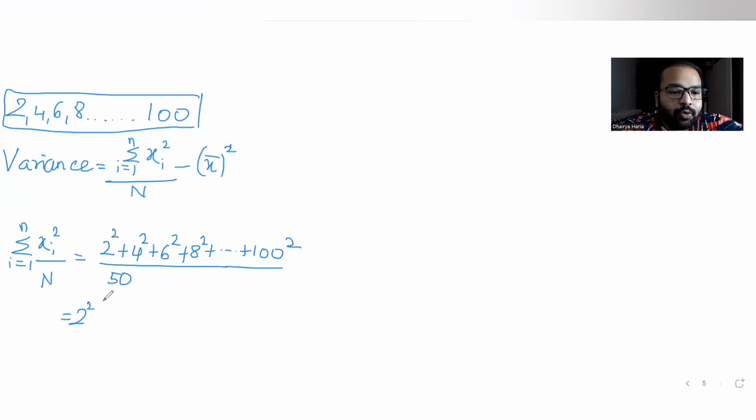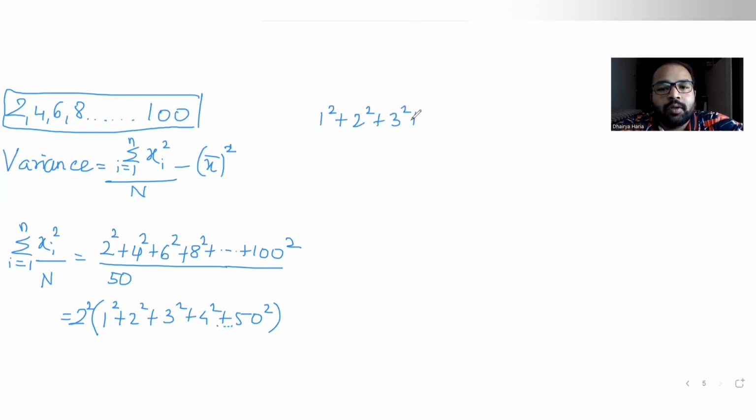So if I take out 2 square common, what I get is 1 square plus 2 square plus 3 square plus 4 square up till 50 square, right? Now, if you know the formula for the sum of squares of first n natural numbers, this was n into n plus 1 into 2n plus 1 upon 6.